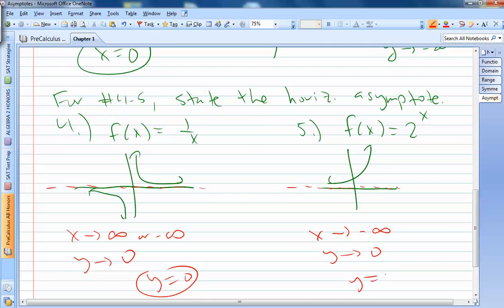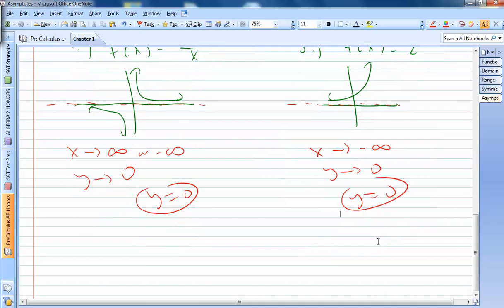Now keep in mind, and we'll see different functions, a graph can cross its horizontal asymptote.